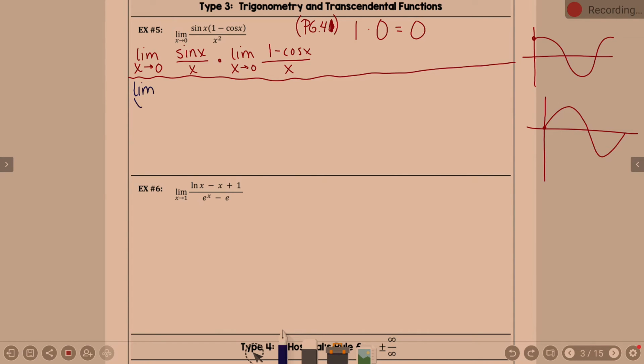The limit as x approaches 0 of sine x times 1 minus cosine x equals 0. And the limit as x approaches 0 of x squared equals 0. So the limit as x approaches 0.